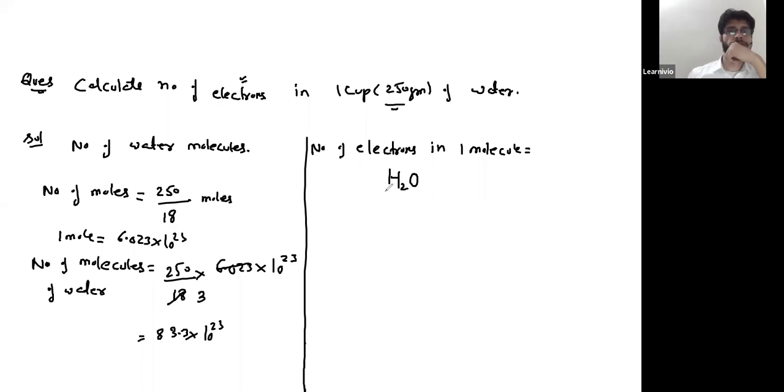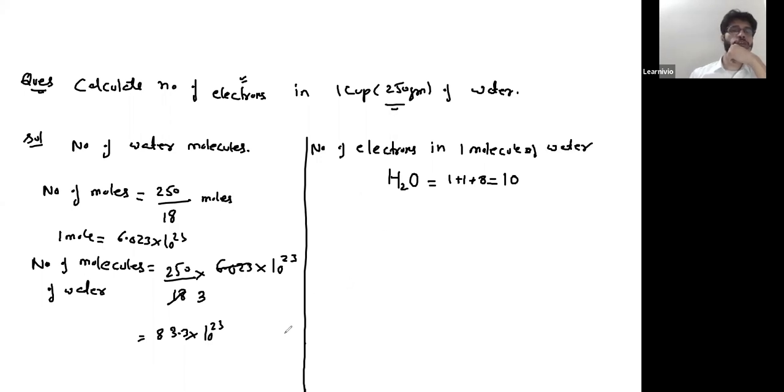Just count the number of electrons in hydrogen. Hydrogen has 1 electron, so 2 hydrogens will have 2 electrons, right? Yes. And what is the number of electrons in oxygen? No, 8. So the total number of electrons is 10. So the number of electrons in one molecule of H2O is 10.